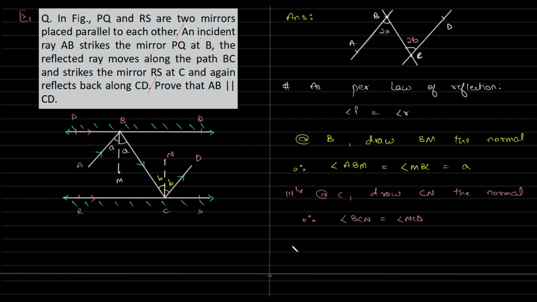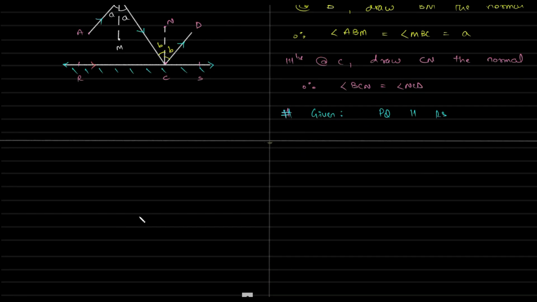Should we write anything else? We'll just mention that we have been given that PQ is parallel to RS. So now we have to depend on PQ being parallel to RS to prove that 2A is equal to 2B. So let's figure that out. So as usual, I will draw a separate diagram. The transversal line is that.